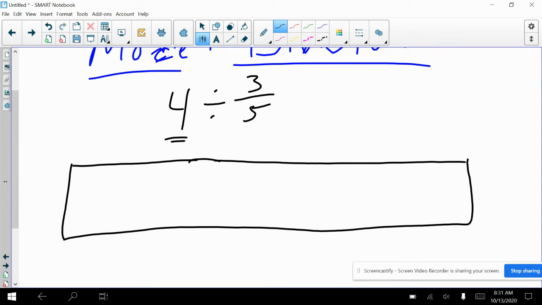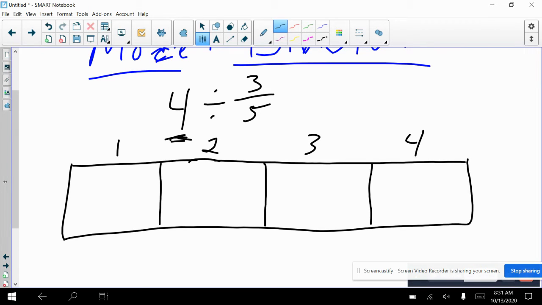Have you ever heard the term fraction strips? Nobody's done that now. Okay, maybe not. Okay, just like we have to have 4 whole pieces, right? There's 1, there's 2, there's 3, there's 4.